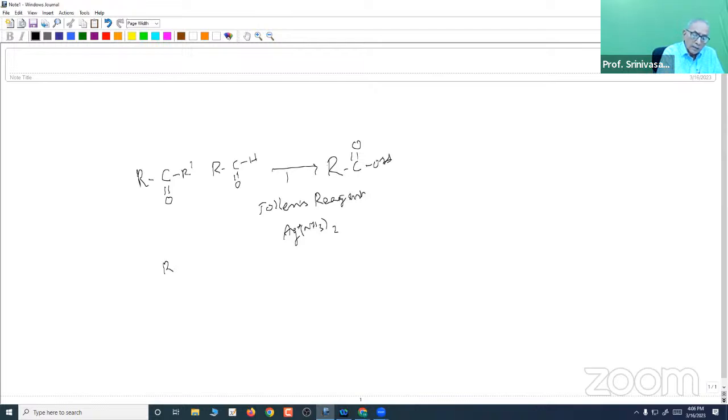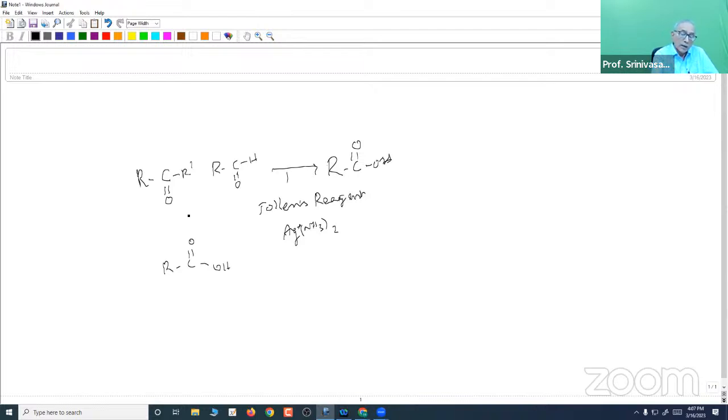carboxylic acid. You can see this is further oxidized compared to the ketone and the aldehyde. You have another oxygen atom between aldehyde and carboxylic acid.